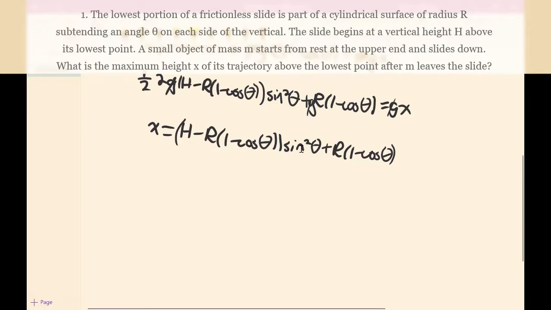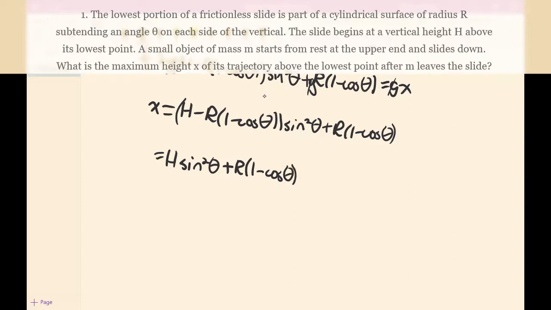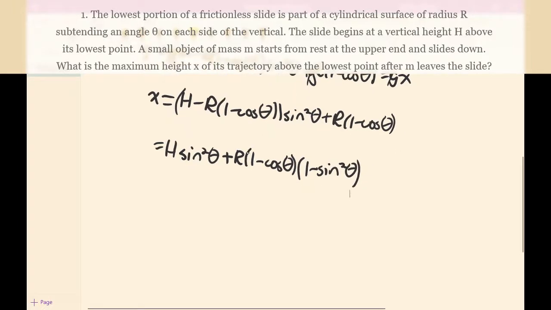So now we can simplify this further. This first part would be h times sine squared theta, then plus r times 1 minus cosine theta times 1 minus sine squared theta, where 1 minus sine squared theta is of course just equal to cosine squared theta.